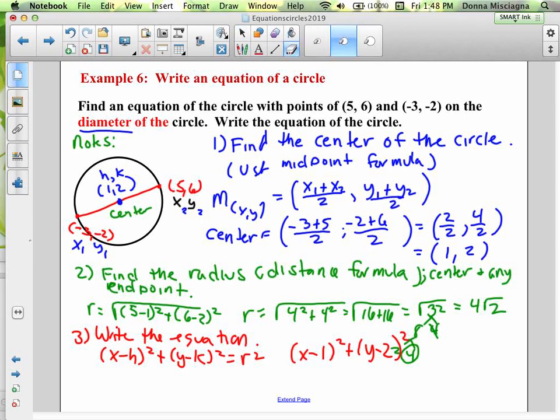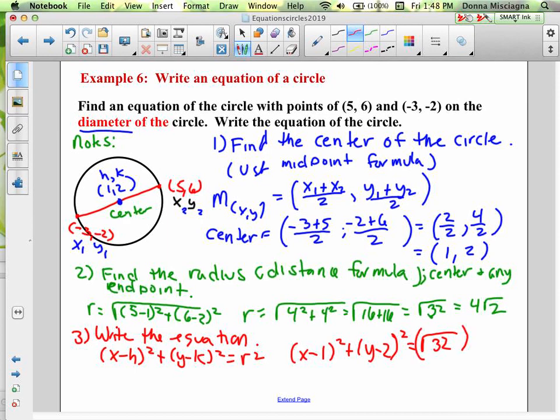I think we could do without this. Equals? Square root of 32. Yep. Oh, yeah. Squared, right? So only one little bit of simplifying. X minus 1 squared plus y minus 2 squared equals 32 is it.